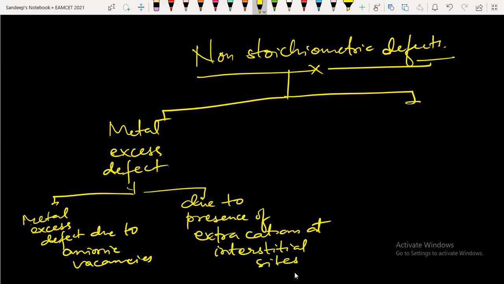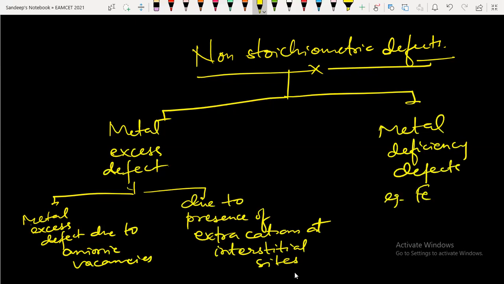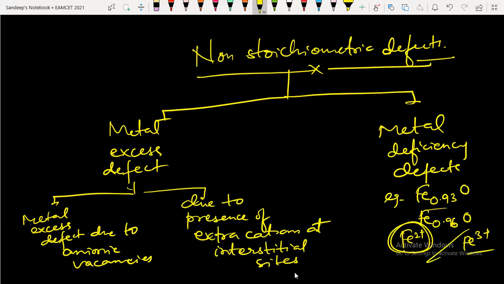And here is metal deficiency defect, which I have discussed now only. Metal deficiency defect. Example I will give, like iron Fe 0.93 O, Fe 0.96 O. So here some of the Fe2 plus ions are missing, and this is compensated by Fe3 plus ions.